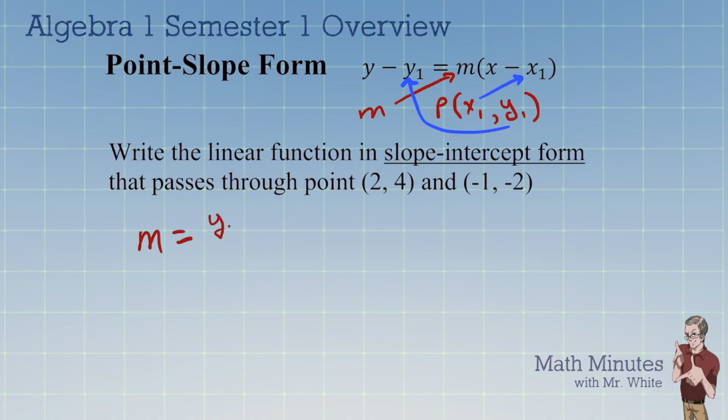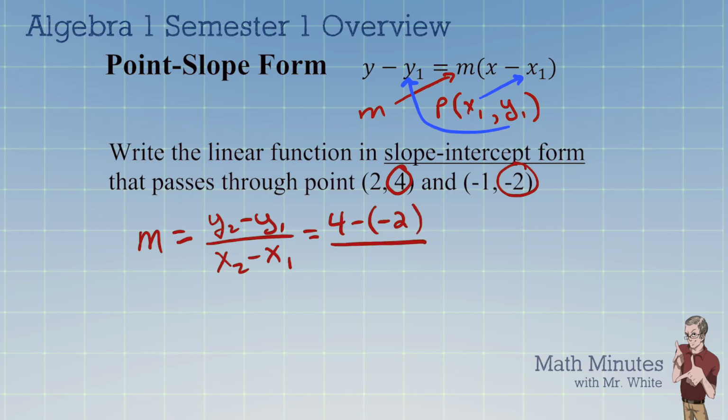So I had the formula earlier, y2 minus y1 all over x2 minus x1. That's the formula for slope. So you subtract the y's, 4 minus negative 2, all over 2 minus negative 1.